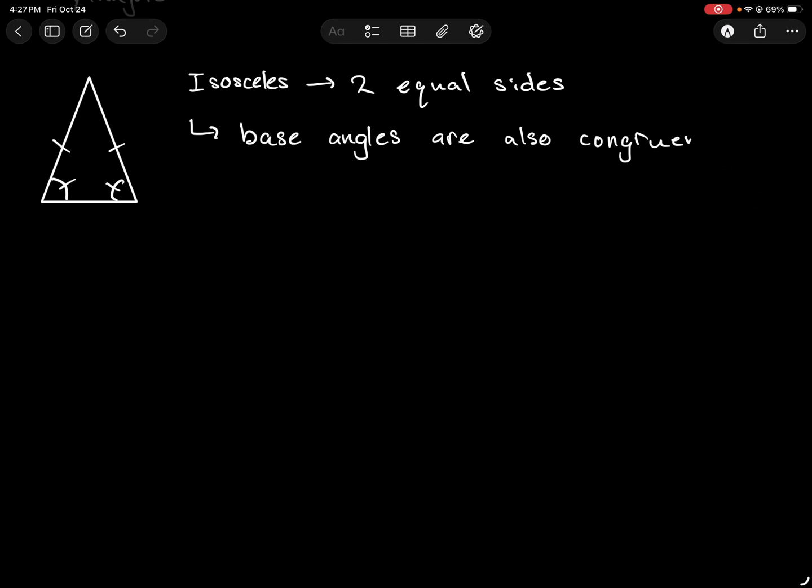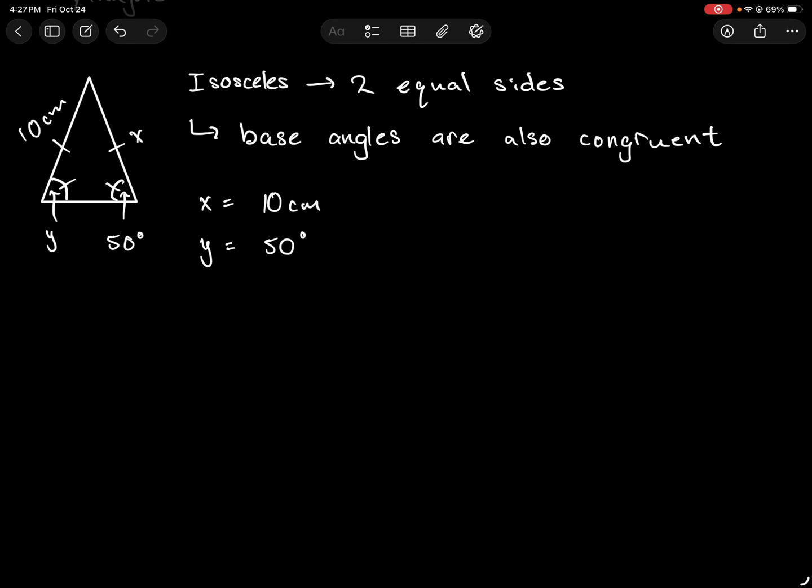So a quick example of what we can do with this is say maybe this side is 10 centimeters. If I say this side is x, then x will be 10 centimeters. Same thing for my angles. If I tell you that this is y, and I tell you that this angle is, say, 50 degrees, then y would be 50 degrees.